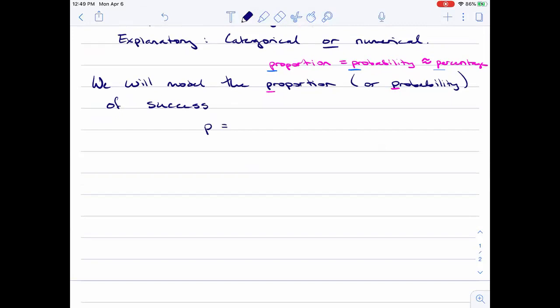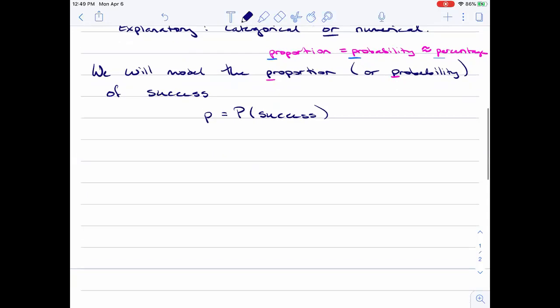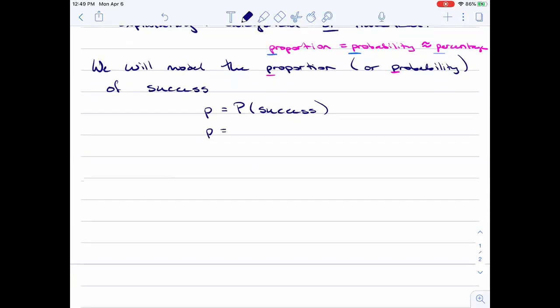We use P as the probability, so probability notation of success. Another way that we could say this is P is the probability that y equals 1, if we've got a binary response, as y equals 1 is a success.